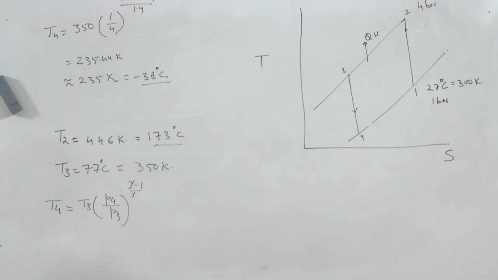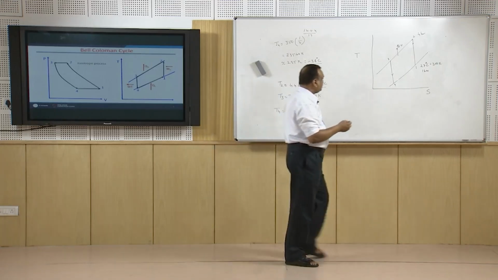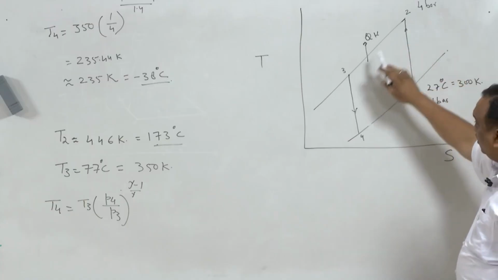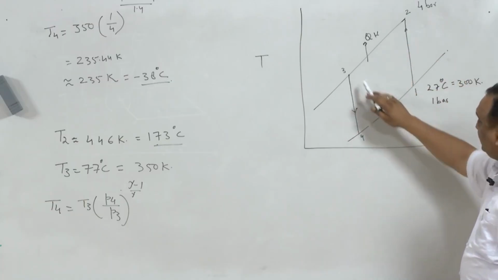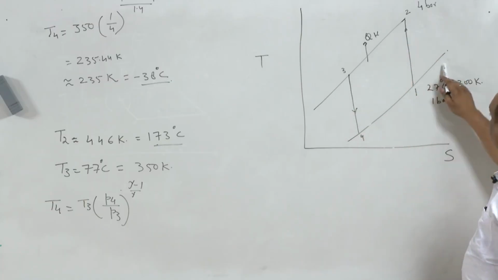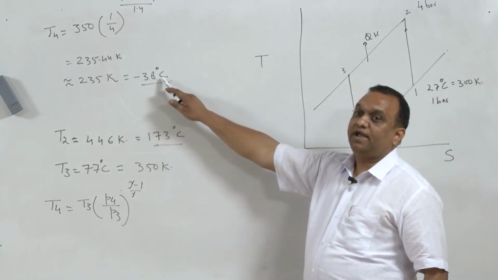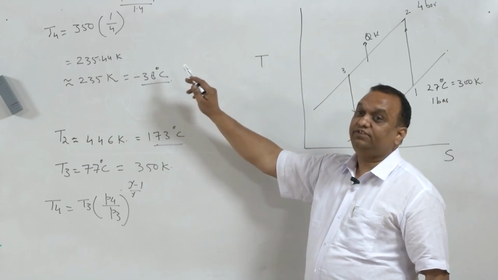So, during this cycle, we have taken outside air, compressed it, cooled it, and then expanded it back to the same pressure of 1 bar, and the temperature of air has reduced to minus 38 degree centigrade, which is very, very low.